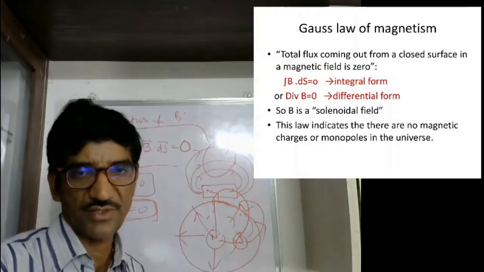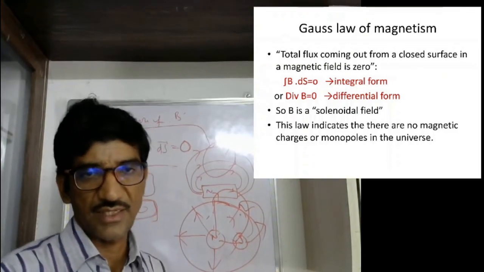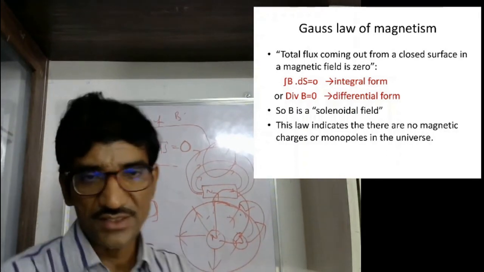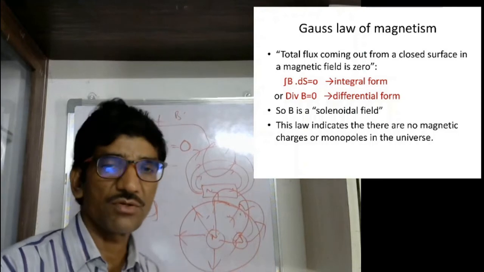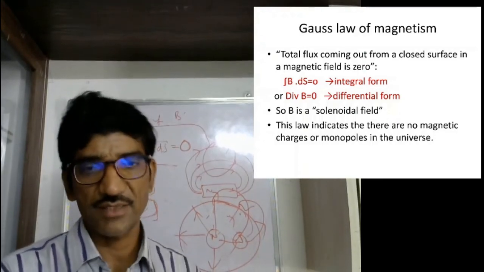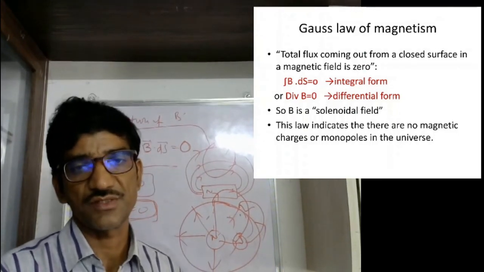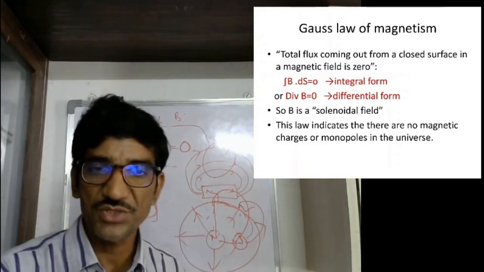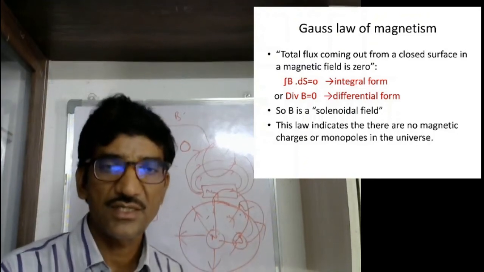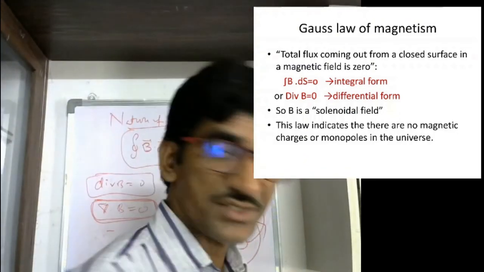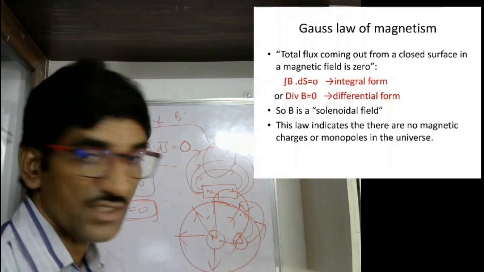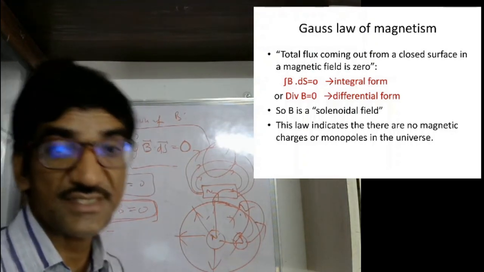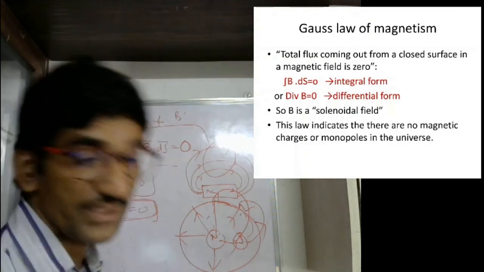Theoretically there is no problem; you can predict a monopole, but practically we do not observe one. Nobody has observed isolated magnetic monopoles in the universe. That's why we always take the integral of B dot dS equal to 0, in conformity with the experimental results. This is the solenoidal or vortex nature of the magnetic field.